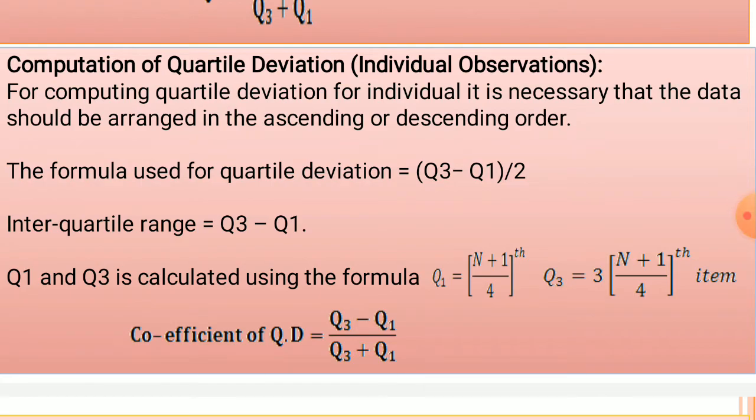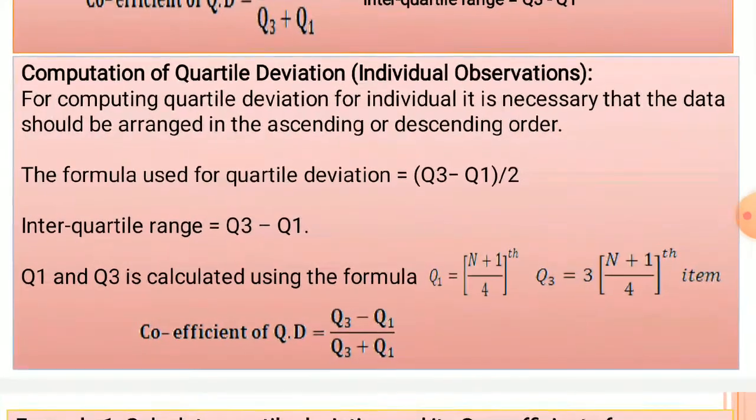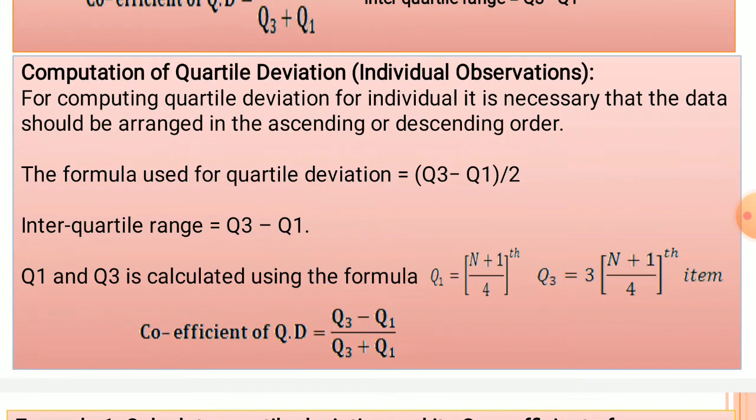As in the calculation of the median, both in the case of individual observations as well as the discrete series, first the given data should be arranged in ascending or descending order.